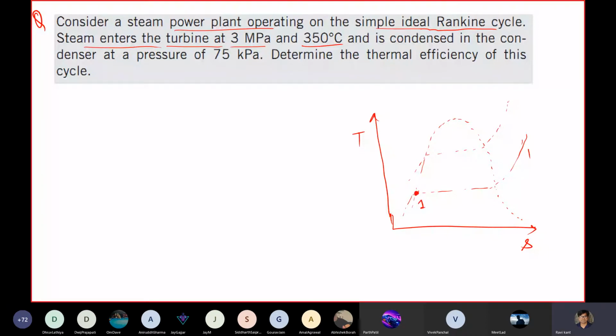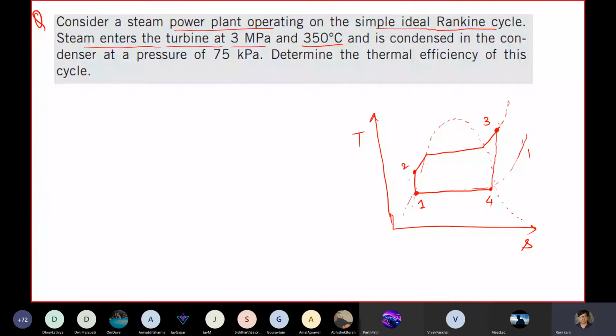This is my state 1, state 2, this is my state 3. It goes down here till state 4 and it will reach 1 again.